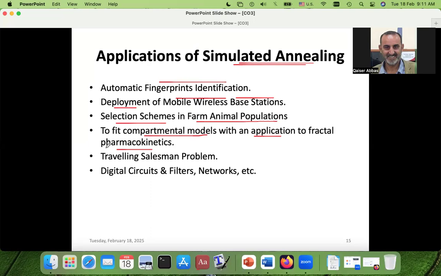So you can use this algorithm for that. Traveling salesman, digital circuits, etc. You can write whatever you want to write. You can fit this problem in any domain where it can fit.